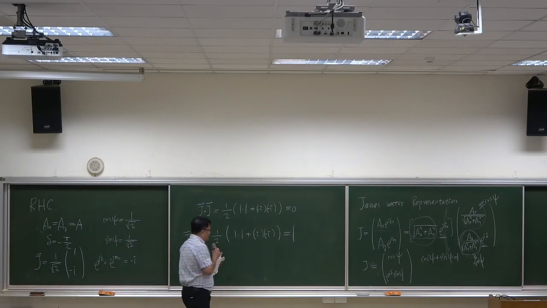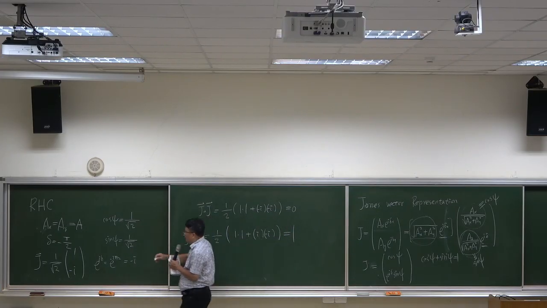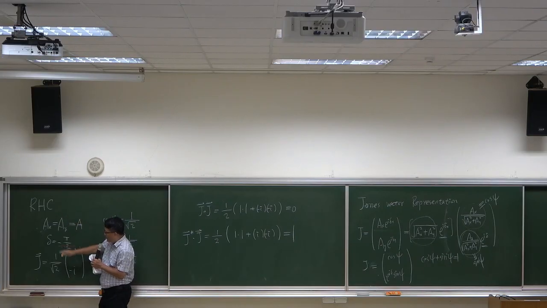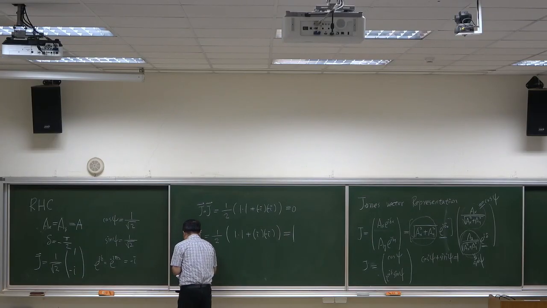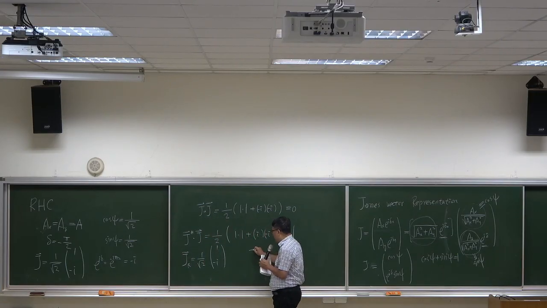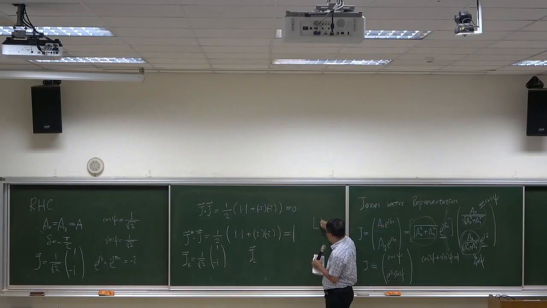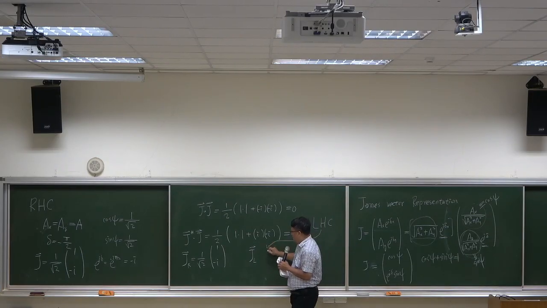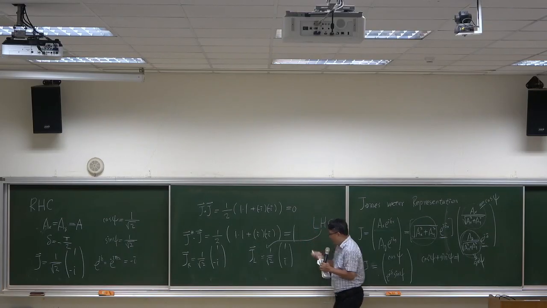So we already know that right-hand circularly polarized light can be represented by this J vector. I write this as J_R. And how about J_L? J_L means left-hand circularly polarized light, which can be represented as 1 over square root 2, times 1, i.